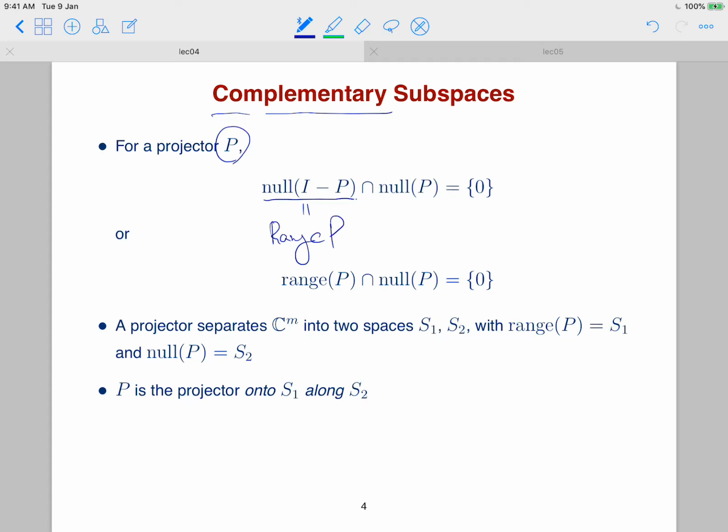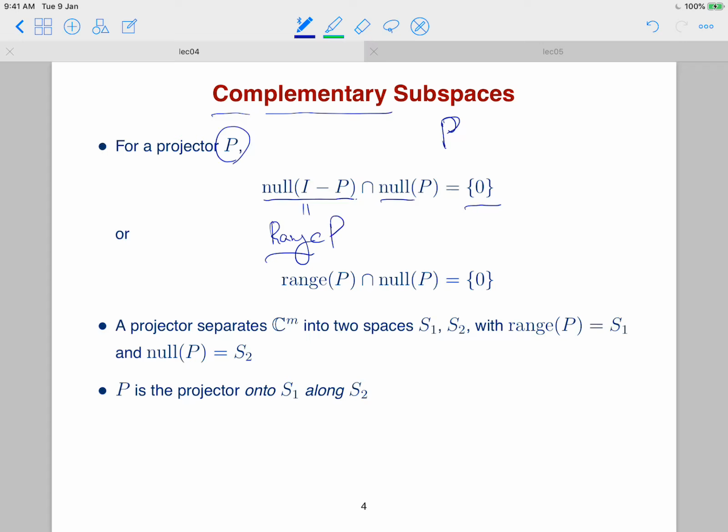And then given the same matrix P, we consider its range and also the null space, and they always have no intersection between them. So how do we prove that?